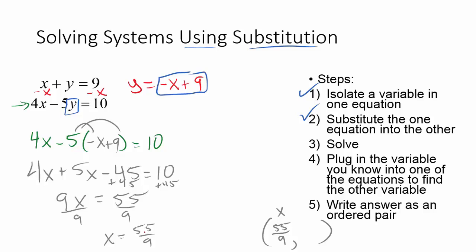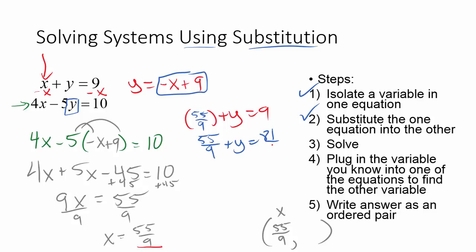So I'm going to take this x and plug it right into the top equation for x. So I'll replace that x here. I'm going to keep everything else the same. And I'm going to replace this x with a 55 over 9. So 55 over 9. And then just to get this into a common denominator where I can subtract this, let's make this 55 over 9 plus y is equal to 81 over 9.